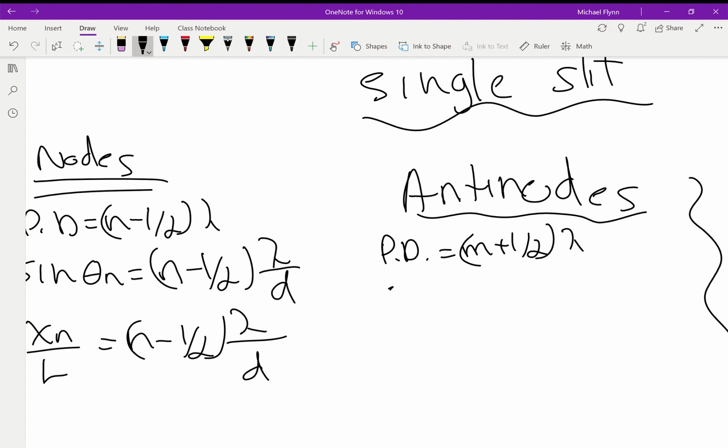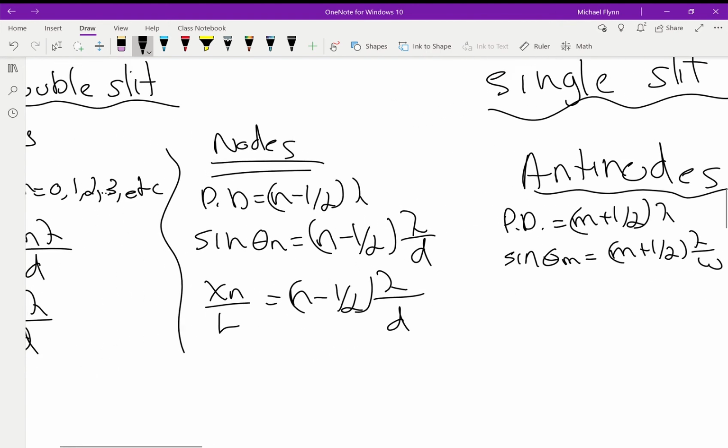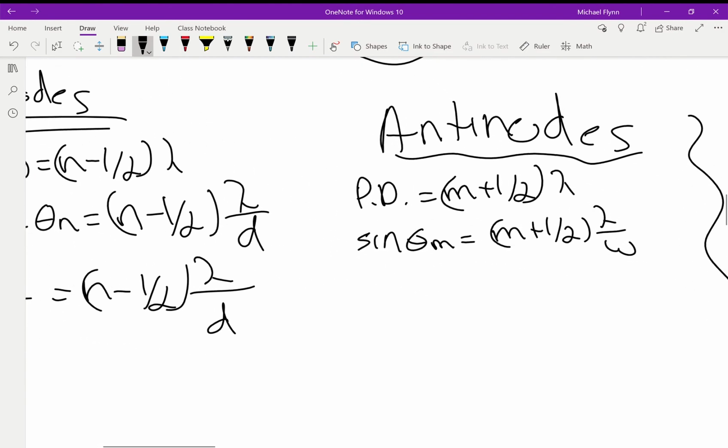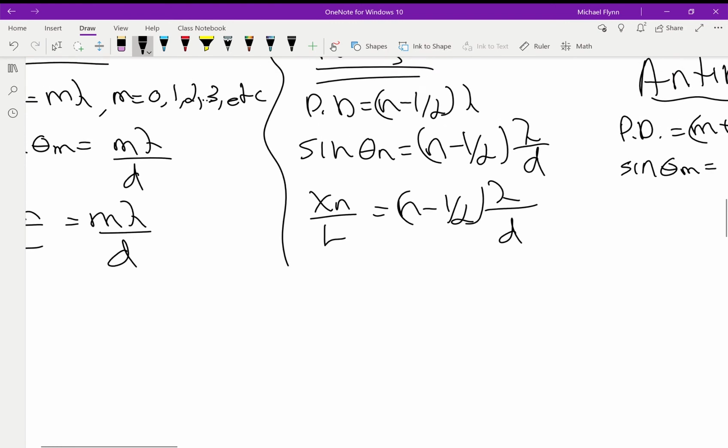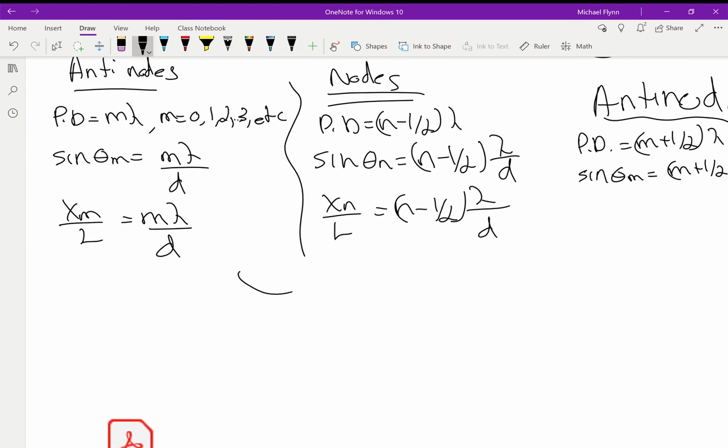Now, sine theta m, again for constructive interference, would be m plus 1/2 lambda over w, where w is the width of the slit. See how similar it is, right? But not quite the same, especially for the antinodes, it's a little different. Oh, before I get away from this, the spacing delta x equals L lambda over d, right? That's important.